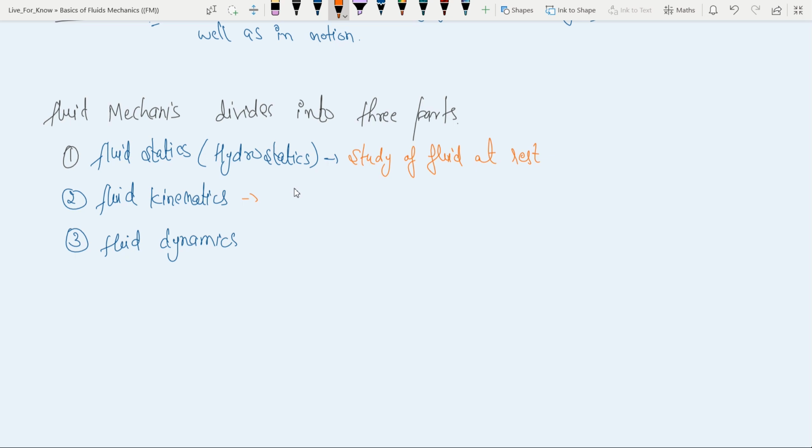It is the study of fluid in motion where the force and energy causing motion are not considered.